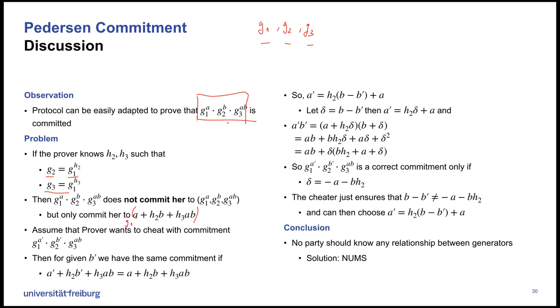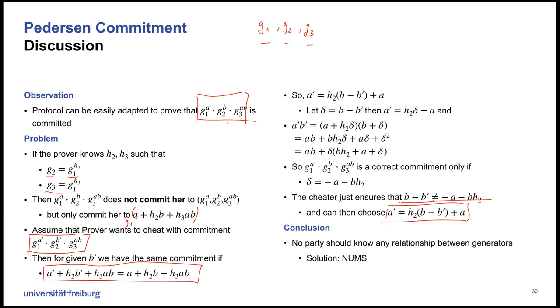Okay. Now, if I now want to cheat and say, is it really this number, by just saying this is the product, then I just have to solve this equation for different A and B and see whether I get the same AB. And after some calculations, I can show that if A prime and B prime are not equal to A and B, but I choose A prime to be like that, then I can have the same commitment.